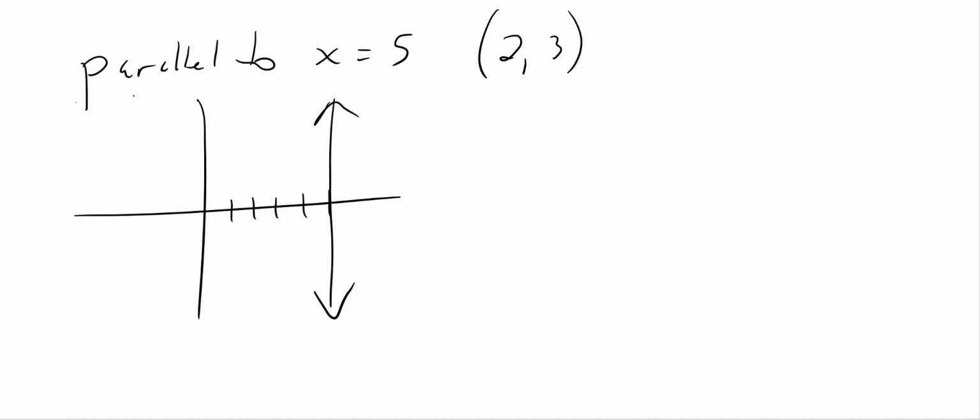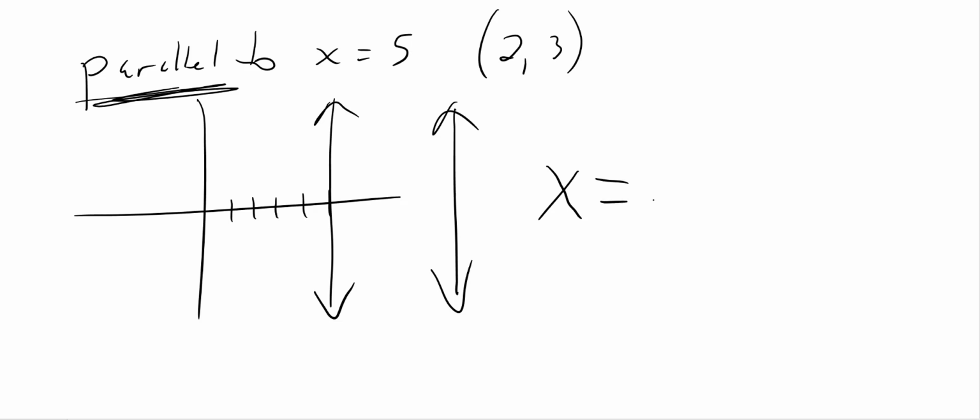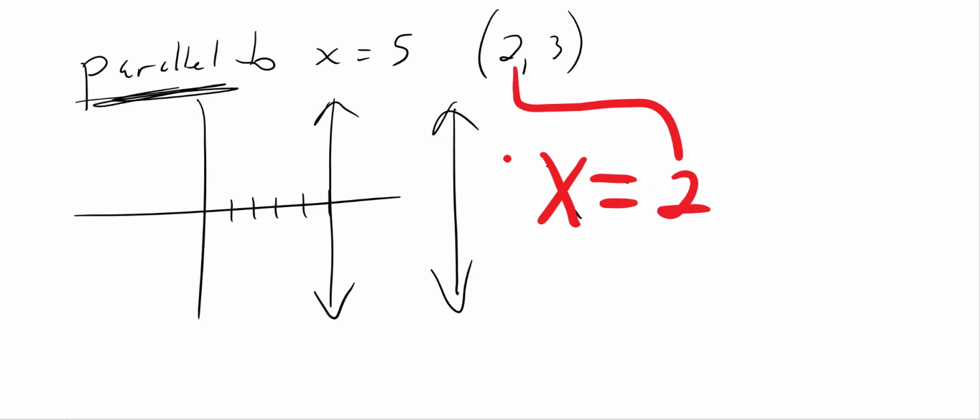So if it's parallel, don't you agree it's another vertical line? So it has to be another x equals. And what does x equal? Look at that, x equals 2. So there we go. x equals 2 is my answer.